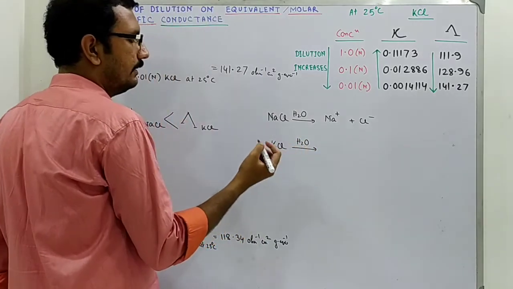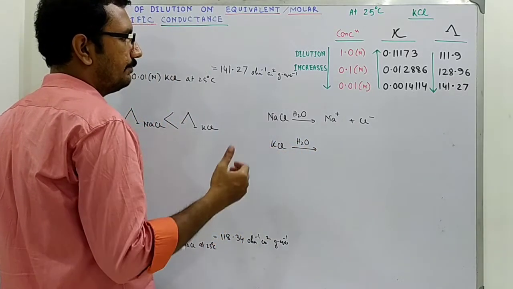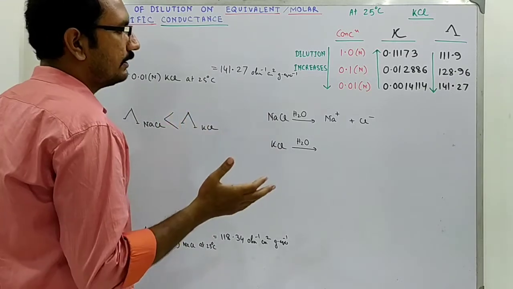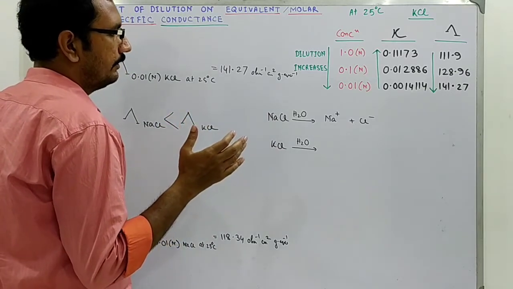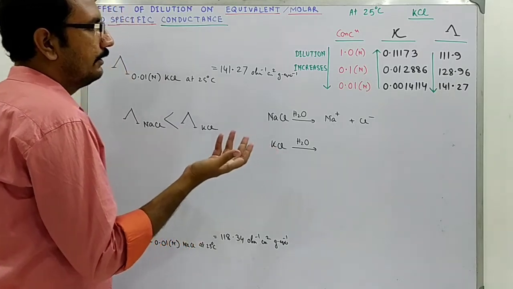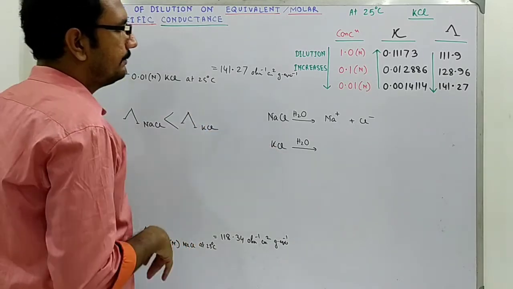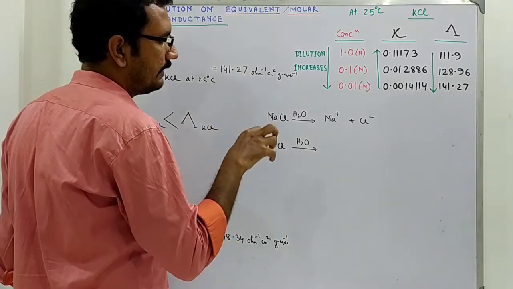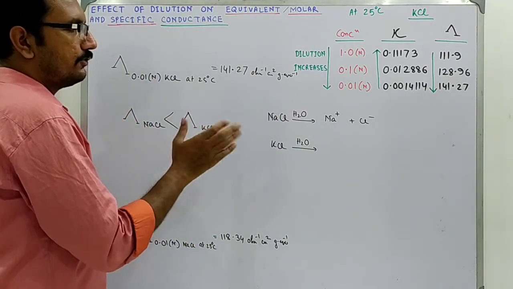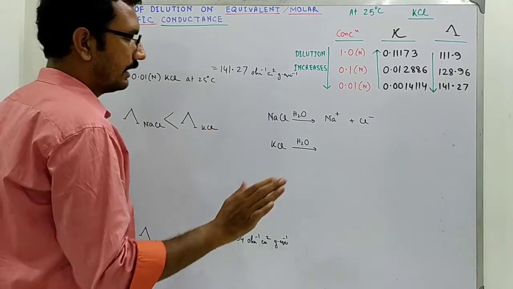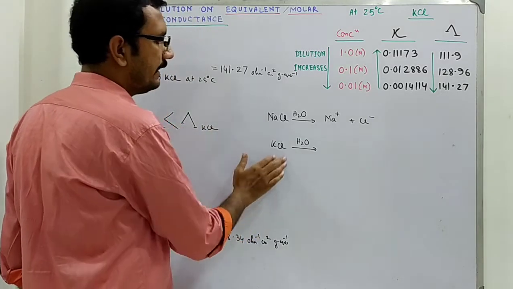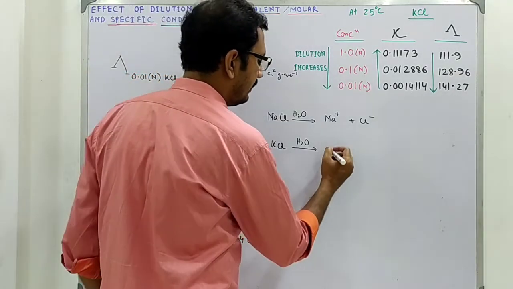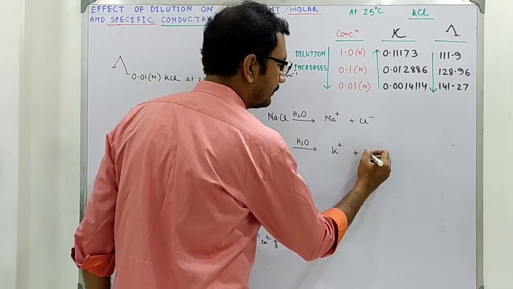I will deal with this effect of concentration on equivalent and specific conductance in the next lecture of the chapter electrochemistry, where I will discuss in detail regarding strong electrolytes and weak electrolytes. So, NaCl and KCl both are strong electrolytes and they will dissociate 100% in aqueous solution.